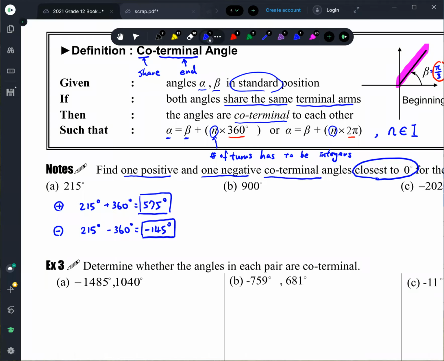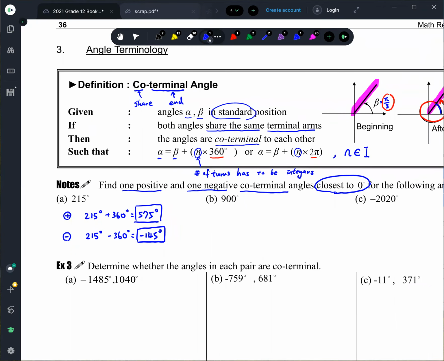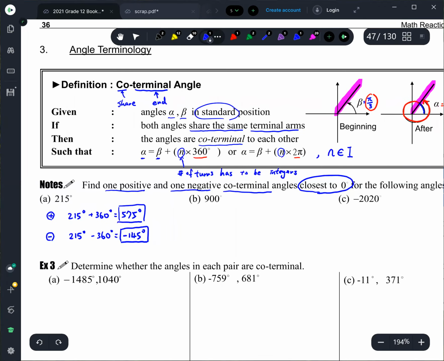You subtract another 360, it will be negative 505 degrees, but that's not the one we want on the answer key. We just want the one that's closest to 0. You subtract too much, it's still coterminal, but it's not the closest. So please do question B and C. If you have any questions, let me know. Do B and C and raise your hand.